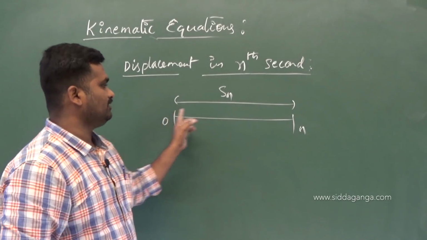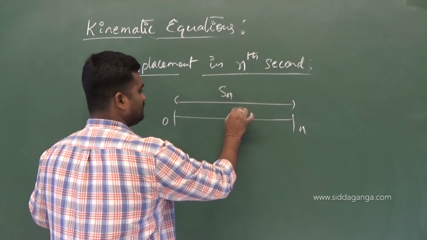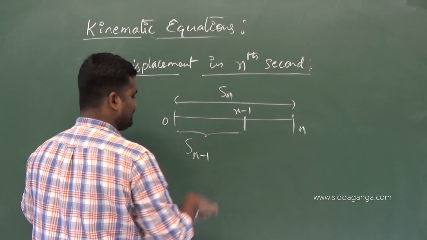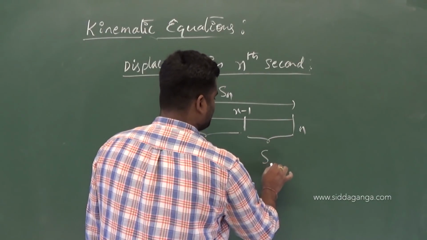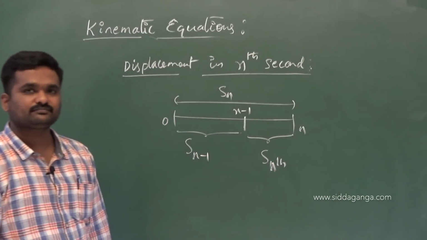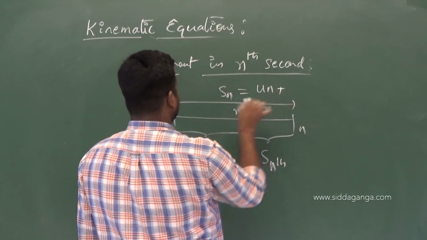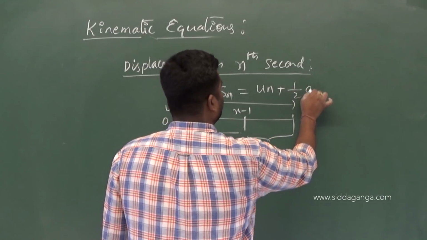Sn means distance traveled from 0 to n. Somewhere here the n minus 1 mark is there, right? And this is the distance traveled in n minus 1. Then this difference will be equal to s nth. This is what we are supposed to find out. What is the value of Sn? It is u into n, since it started from initial velocity u, plus half a n square. Remember this point: un plus half a n square.